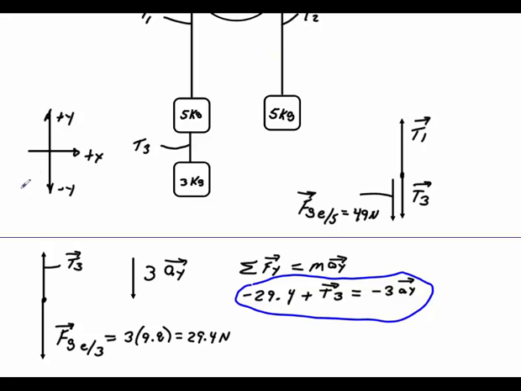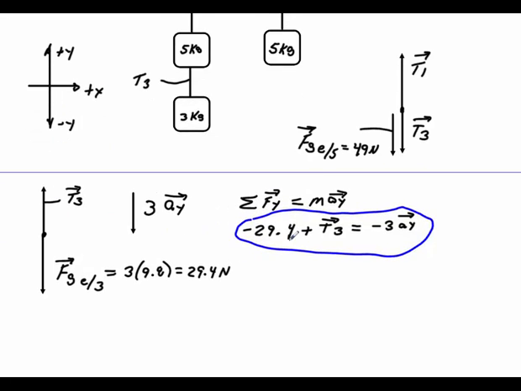So we can go ahead and generate an equation from it, and I'll put it right below this one. Again, the summation of forces in y equals mass times acceleration in y. When I do that, I will get minus 49 minus T3 plus T1 is equal to minus 5 times the acceleration in y.